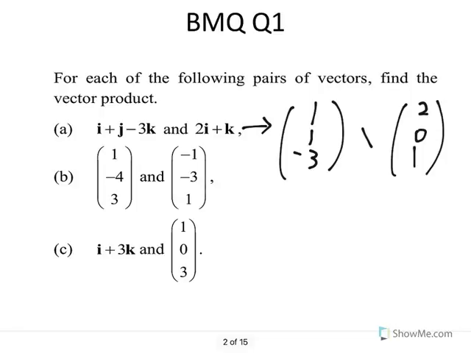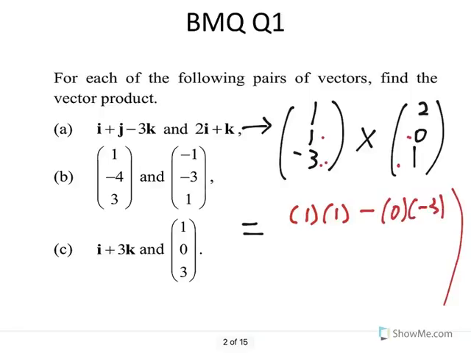Quickly, if we do the vector product for this, 1, 1, negative 3 with 2, 0, 1. For the first entry, we have 1 times 1 minus 0 times negative 3. For the second entry, we have negative 3 multiplied by 2, subtracted by 1 times 1.